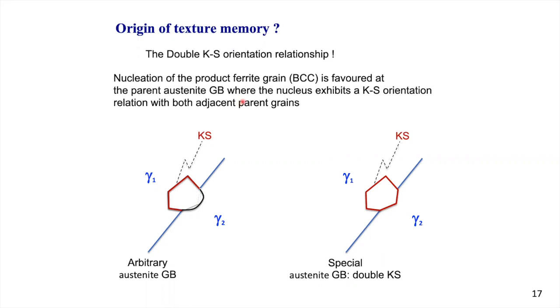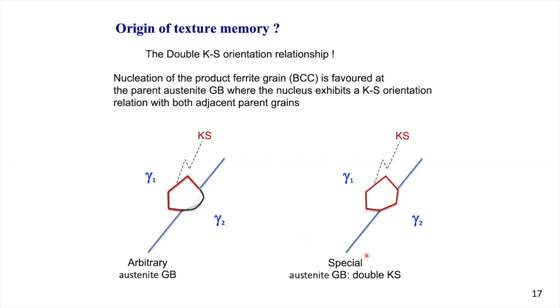You know that if you have a parent austenite structure, gamma 1, the ferrite preferentially nucleates at an austenite grain boundary, as it is shown here. Because of a specific orientation relationship, you expect that the new ferrite nucleus will have what we call a Kurdyumov-Sachs orientation relationship, just call it KS, with one of the neighboring grains.